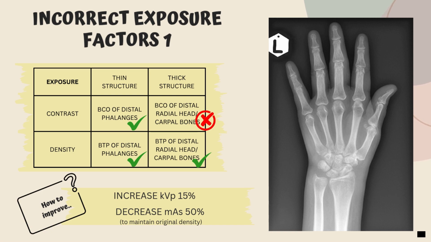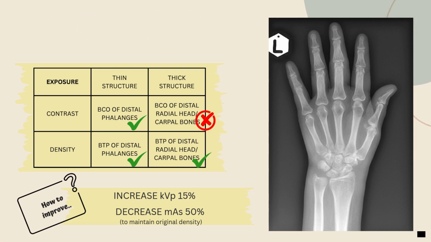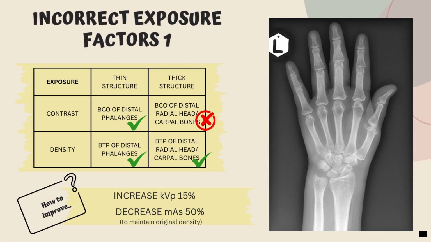For the density, the thin structure, which is the bony trabecular pattern of the distal phalanx, can be seen, and the thick structure, which is the bony trabecular pattern of the distal radius and carpal bones, is also seen. This suggests that the density of the radiograph is optimum. To improve the contrast, we need to increase the kVp by 15%, and to maintain the original density, we need to decrease the mAs by 50%, because the increase in kVp will affect the opacity.